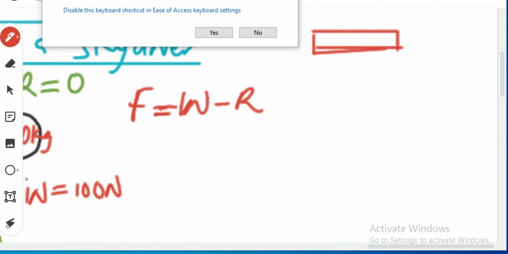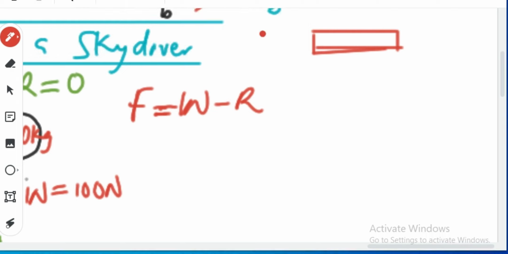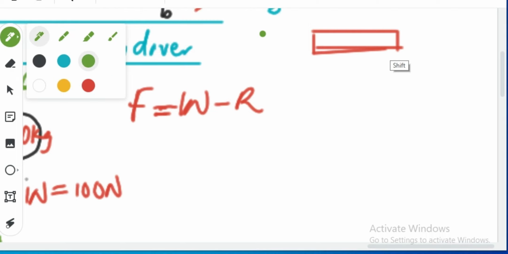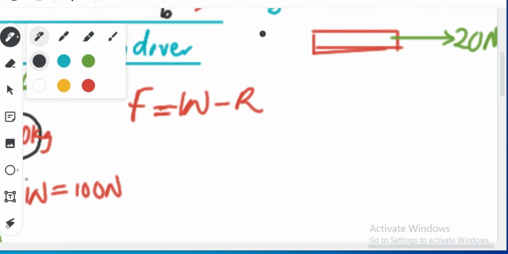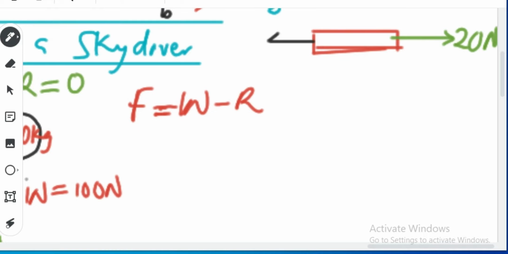If you have a force like this, 20 Newton, and you have another force here, 5 Newton, what's the resultant force? 15 Newton. Did you need an angle? You didn't need an angle. 20 minus 5 is 15 Newton to the right.